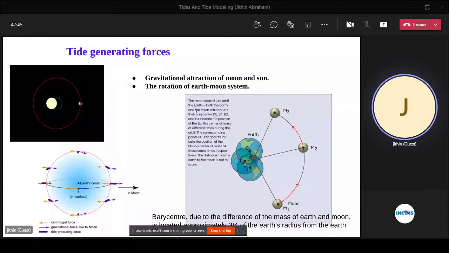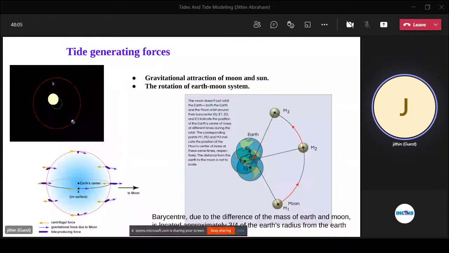The mass of the Moon is very small compared to the Earth. So the center of mass lies inside the Earth, but not at the center of the Earth. It is near the center of the Earth. This is called the barycenter, and the Earth and Moon revolve around a common barycenter.